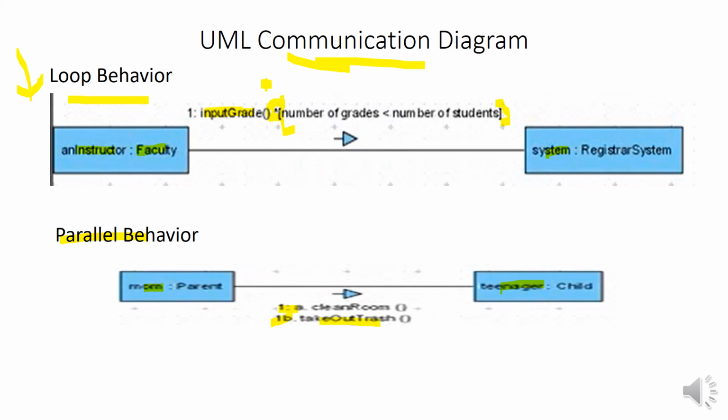These two interactions will occur simultaneously. So to show the parallel behavior, you number it like 1a, 1b, and if there are other messages, 1c, 1d. This indicates that these messages will occur in parallel.